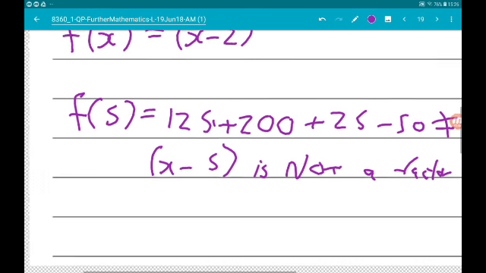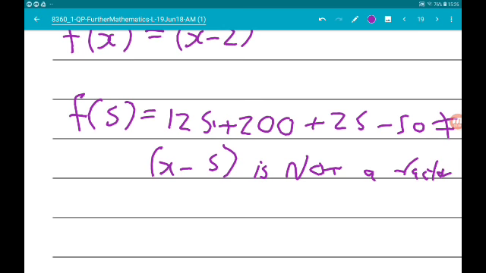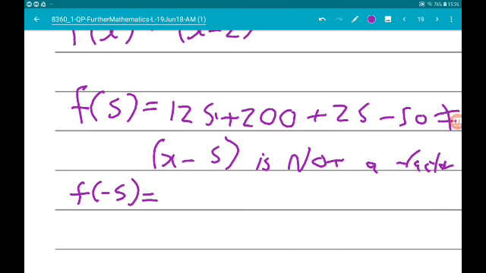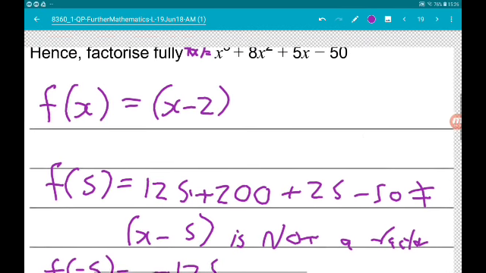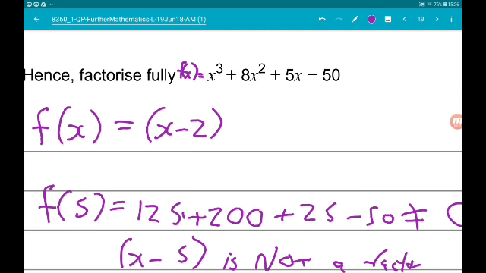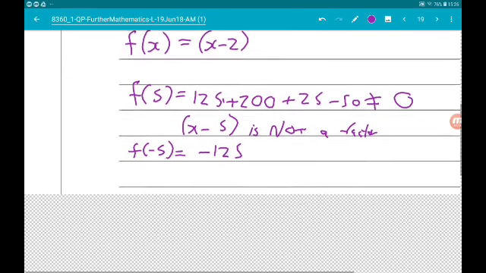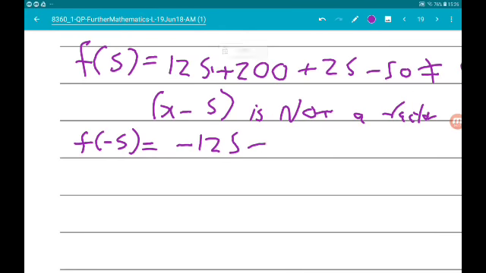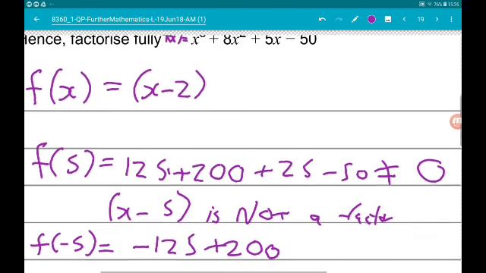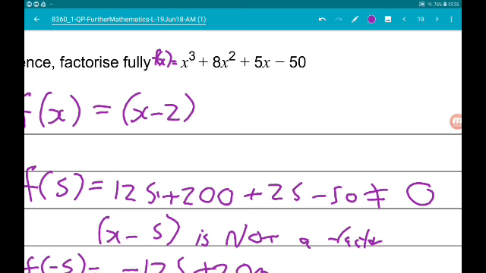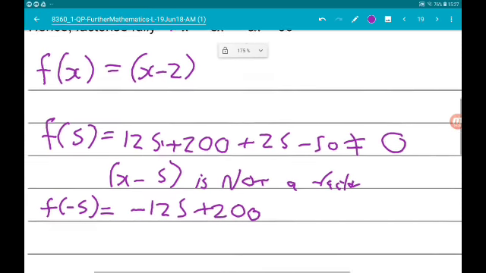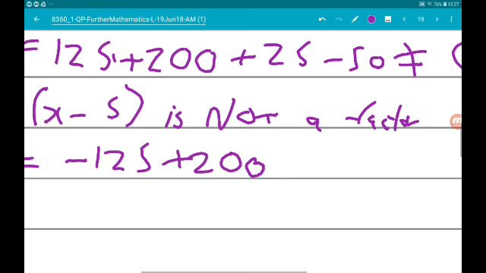Let's try f of minus 5. So minus 5 cubed is minus 125. Minus 5 squared is 25. 8 times that again gives us plus 200. And then add 5 times minus 5, it's going to give us minus 25.